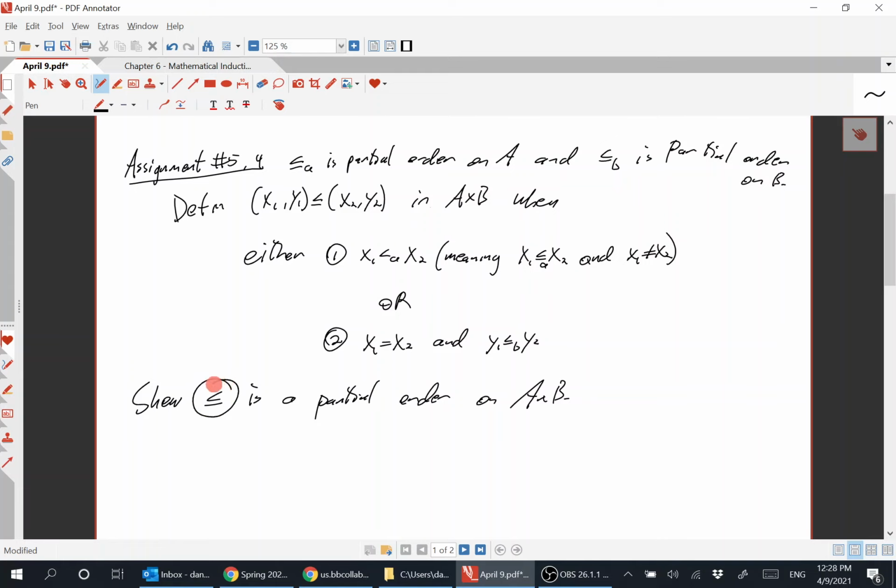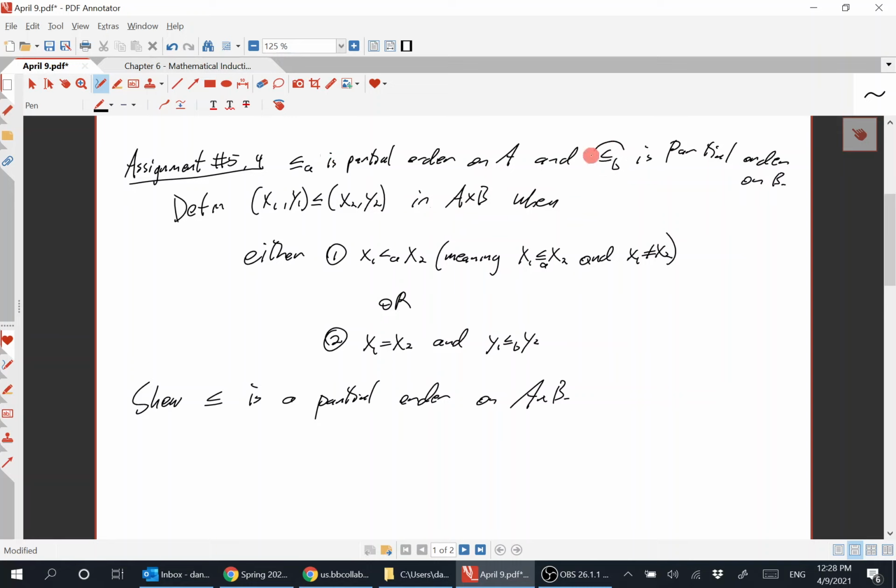This one is defined on pairs in A cross B, and you're trying to show that this symbol is a partial order on A cross B. This symbol is a partial order on A. And this symbol is a partial order on B. This symbol applies neither to A nor to B. It only applies to A cross B. This symbol applies to A, but does not apply to B, nor does it apply to A cross B. So when comparing elements of A, you must use this symbol.